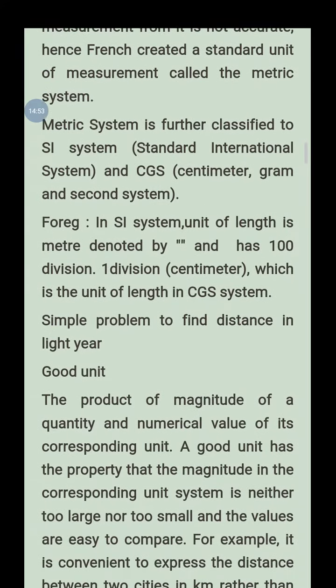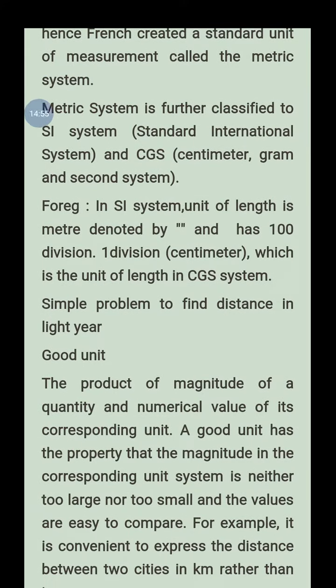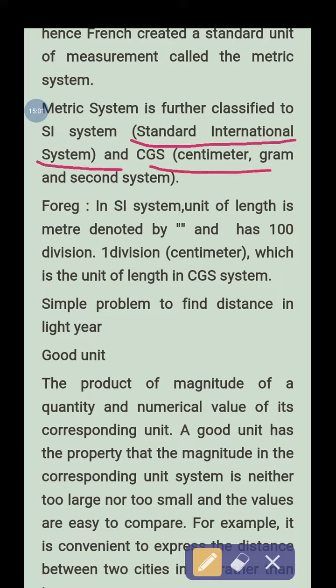The metric system is further classified into the SI system, the International Standard System, and the CGS system. So the metric system is divided into MKS, meaning the SI system, and the CGS system.